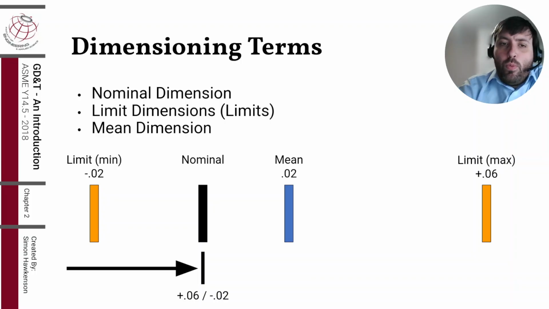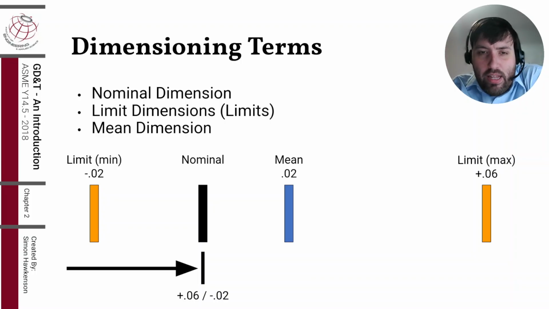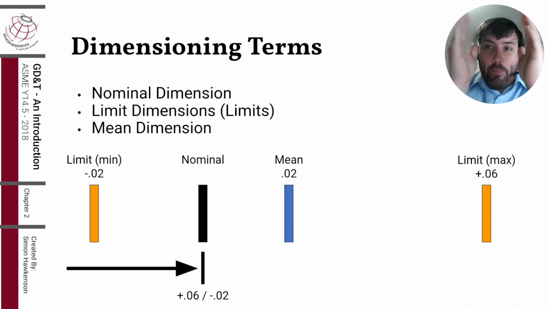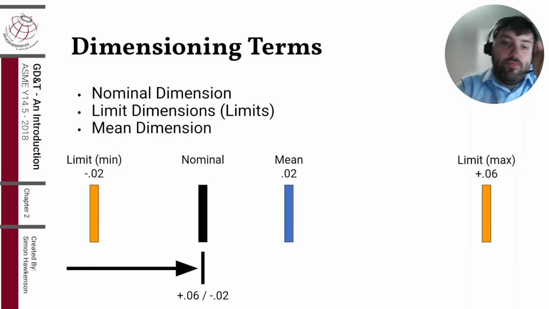The dimensions with the tolerances applied are often called the limit dimensions. So the limit dimensions are the dimensions with the plus or the minus tolerance applied. There are two of them, the minimum limit and the maximum limit at both bounds. And the mean dimension is exactly midway between both limit dimensions. It's the average of the two limit dimensions.